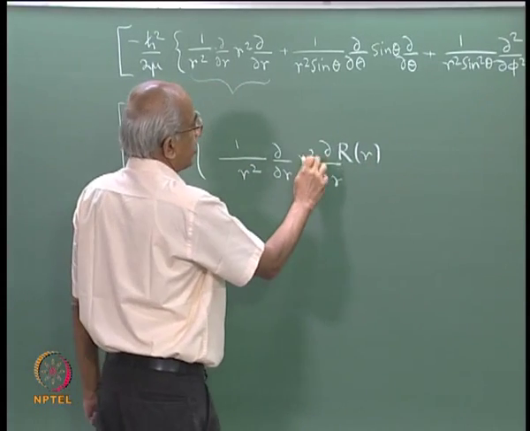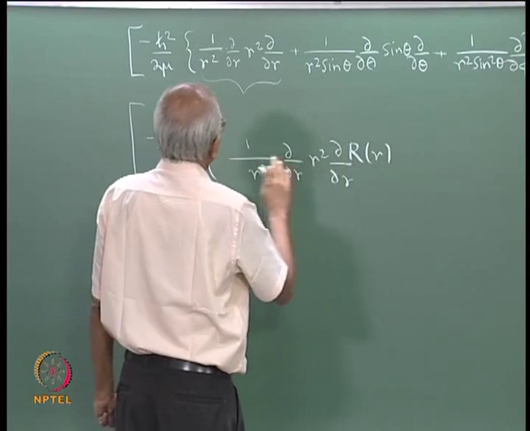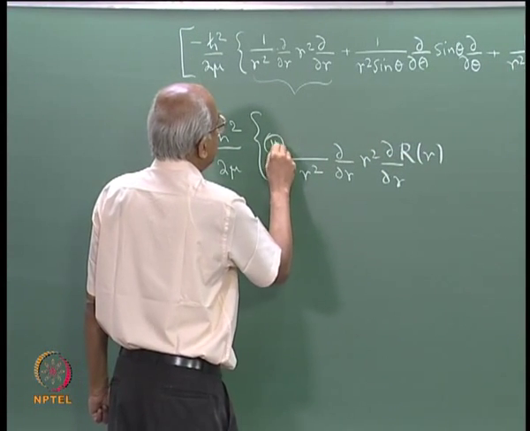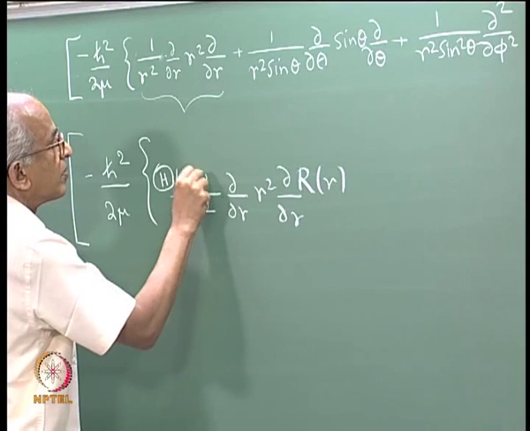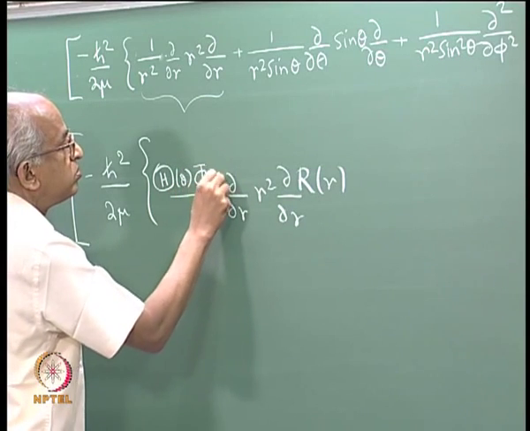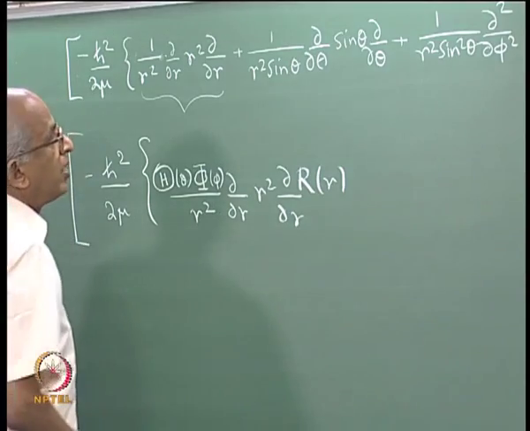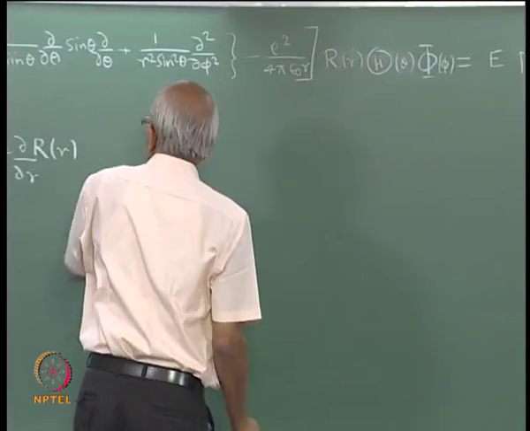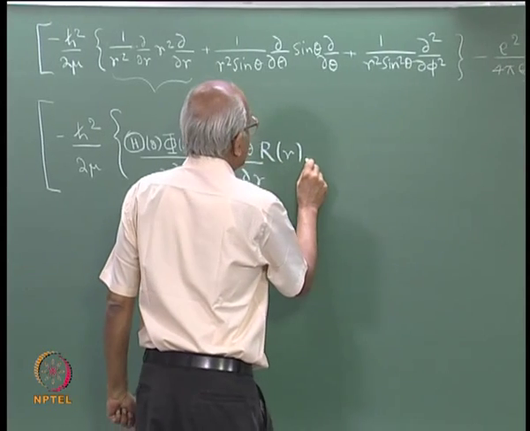So, this operator affects capital R, but it does not affect the two other things, which can be taken and written here. And similarly, this operator will affect only capital theta. So, we can do a similar thing with that operator. What would be the result?